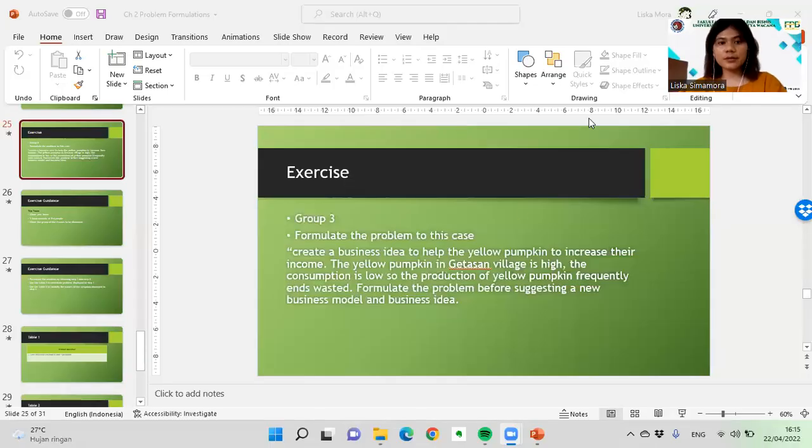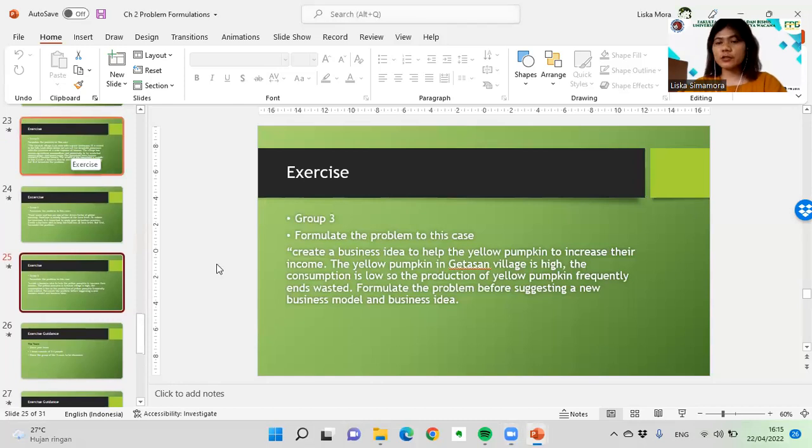Let me explain again about chapter 2, because you formulated the problem in chapter 2, right? And from that chapter 2, you have to formulate the solution. I remember in chapter 2, you were given three problems, right?